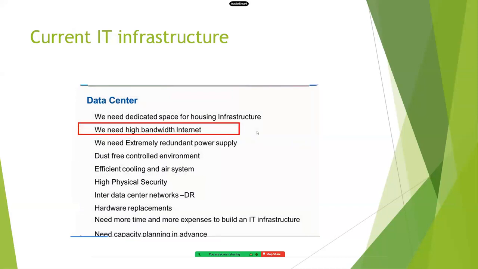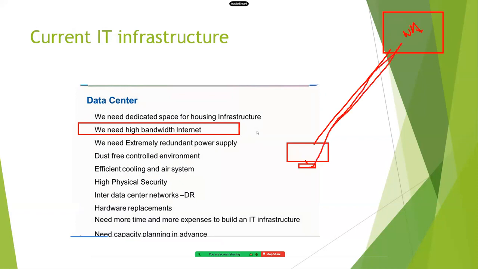Next, we need high bandwidth internet. See, my data center is in Washington, D.C. Assume that I am sitting in Hyderabad. To access client related server, storage, network and all, we need high bandwidth internet. Very simple. For our home purpose itself, we are using 100 Mbps speed internet.